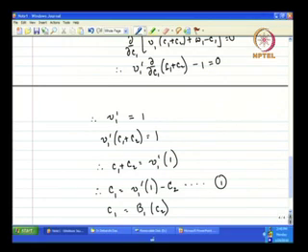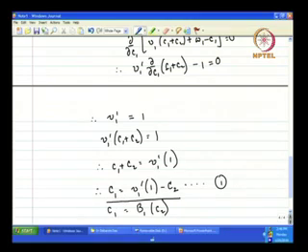Before I go into the best response function of player 2 and try to find the equilibrium or equilibria for this problem, let us have a closer look at this one. What it essentially is saying is that if C2 changes, the change in C1 will be in the opposite direction.